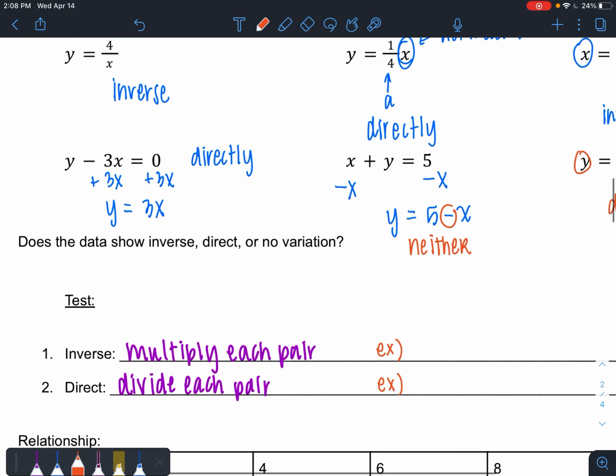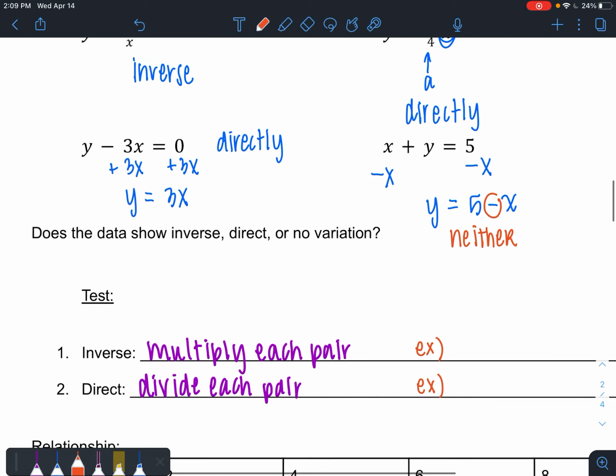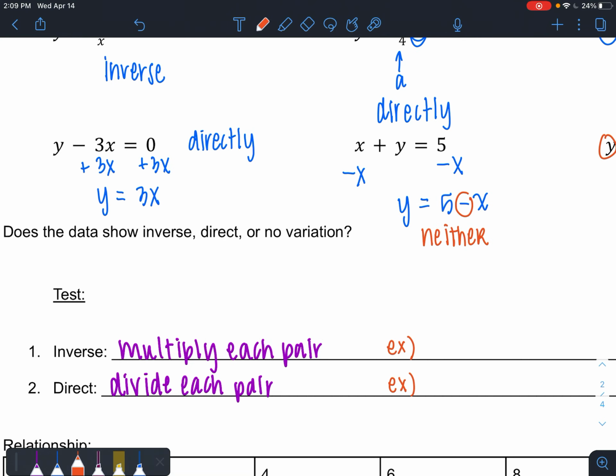Showing the data as inverse, direct, or no variation, there is a test for it. If it is inverse, we're going to multiply each pair. So xy equals a, then I get y equals a over x.